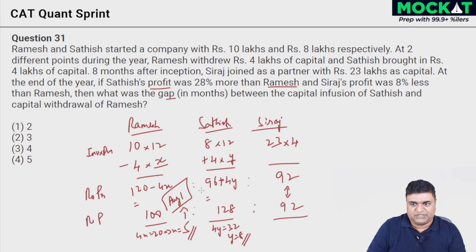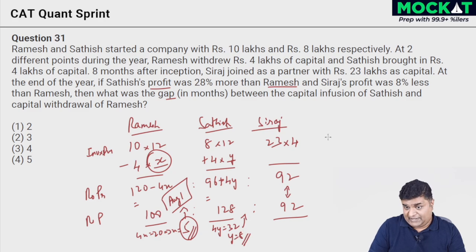If August 1st the money was withdrawn, then the last 5 months, 8, 9, 10, 11, 12, August the 8th month, full 8th month, 9, 10, 11, 12, for 5 months the money was not in the business, that's what it's saying, right? Minus 4 into x, for x months it was not there in the business. Now, this part might not be very clear, just rewind and watch this again, just ensure that this is absolutely clear for you, right? Visualize these, this might take a bit of time, but once it's there, you will remember it properly.